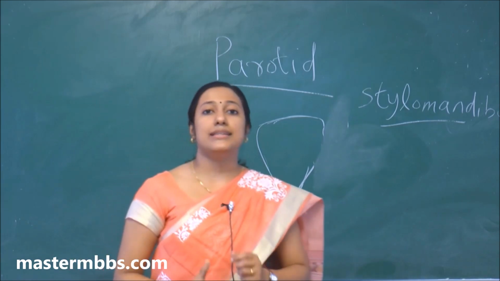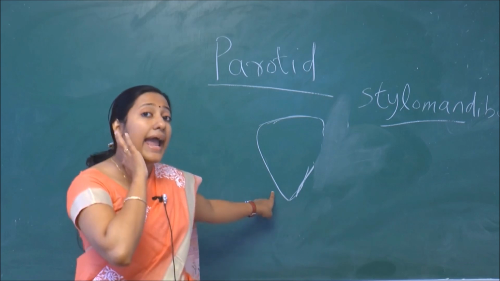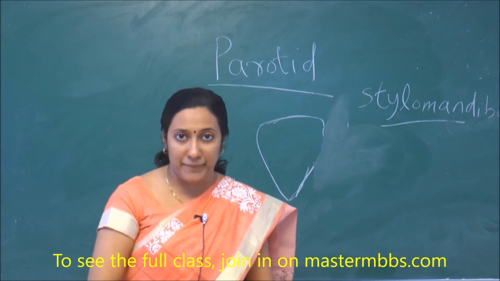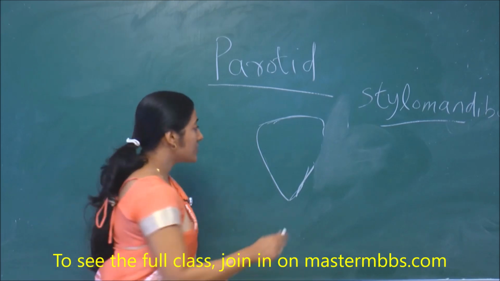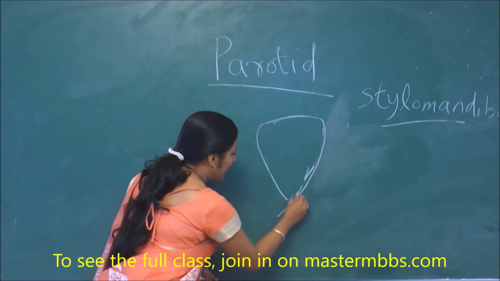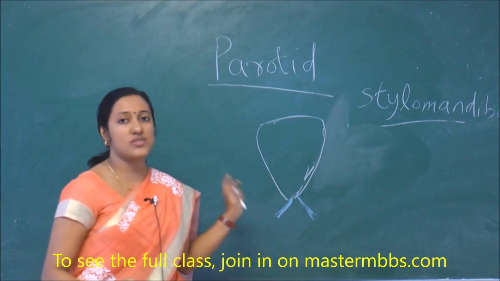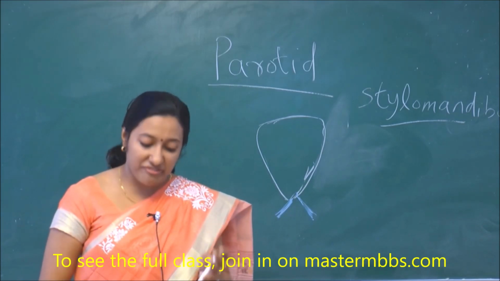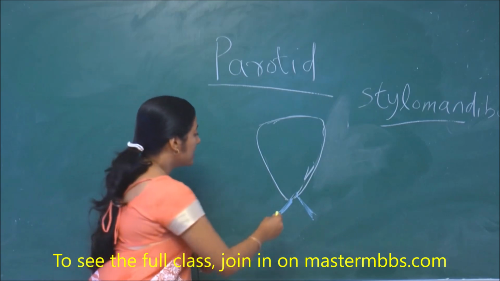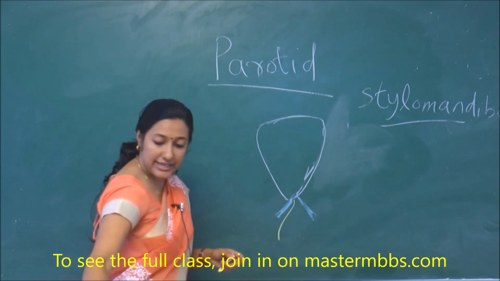So first, the apex. This is the apex, and the main structures in relation to the apex: a vein, which is known as the retromandibular vein, and one nerve, the cervical branch of the facial nerve.